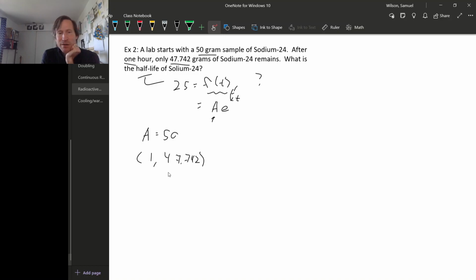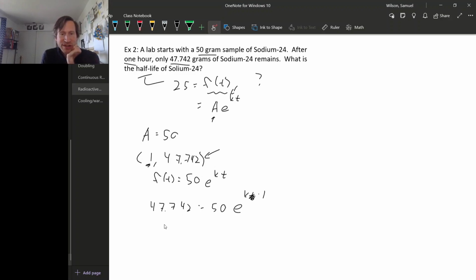We can plug this into our function. We know that f of t is 50 times e to the kt, so we get 47.742 equals 50 e to the kt, and now e to the k times 1, because t is 1 here.